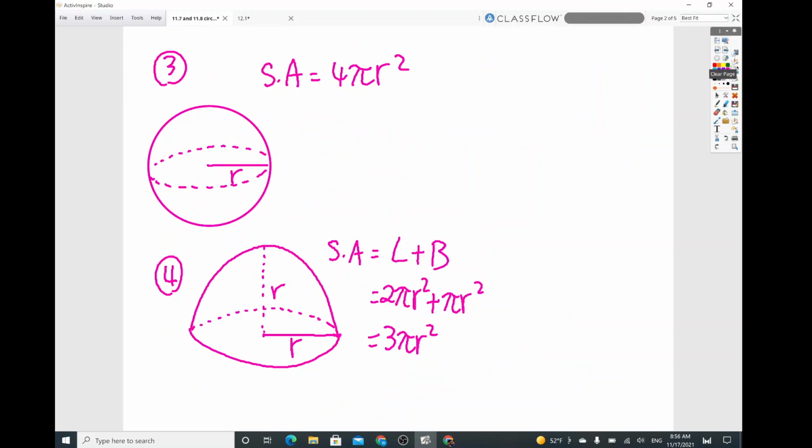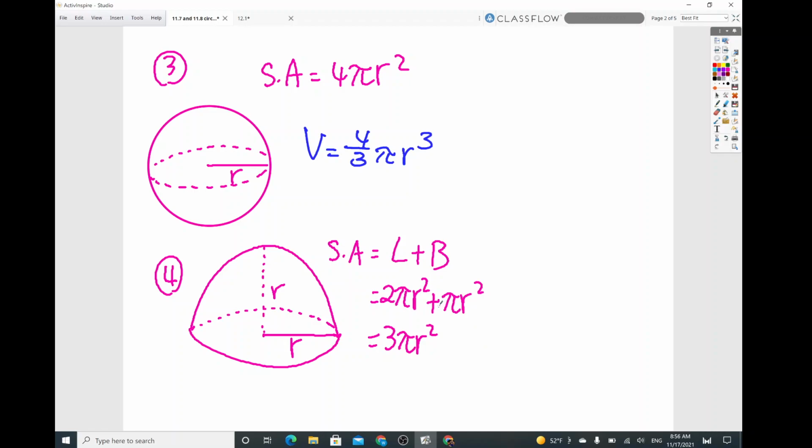For the sphere, the surface area is 4 pi r squared, and the volume is 4/3 pi r cubed. Those are the formulas that you need to recognize. For the hemisphere, the surface area is the lateral area plus the area of the base: 2 pi r squared for the lateral area, and pi r squared for the area of the base.